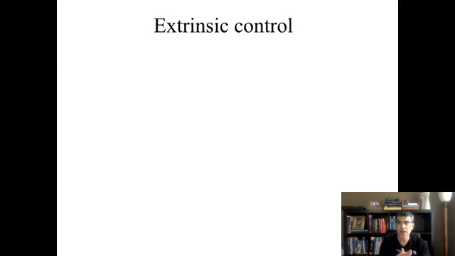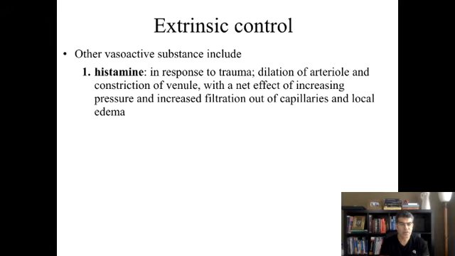There are some chemicals, called vasoactive chemicals, that we categorize as part of the endocrine. For instance, histamine. Histamine is released due to trauma, and when histamine is released, it's going to constrict arteriole, but it's going to open up the vein.